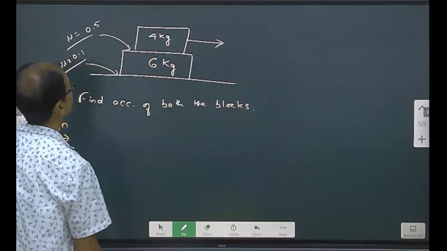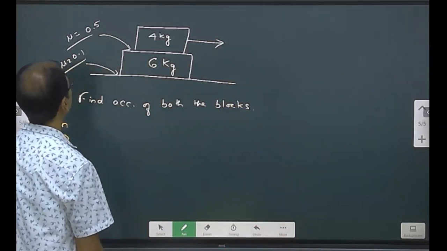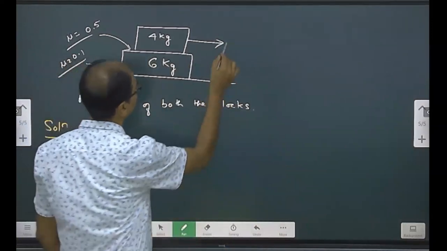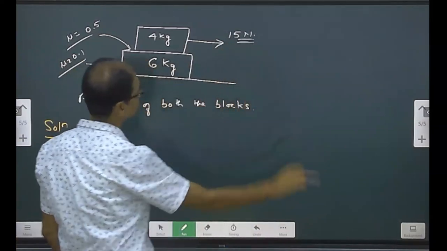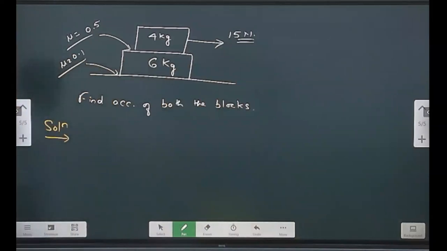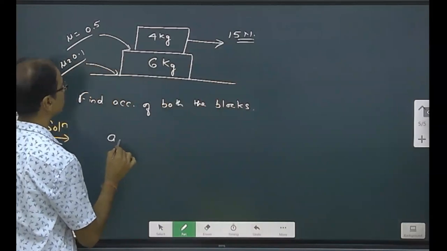So let's increase its value a bit. What shall I do? 15. 15 is fine. Okay. Let's make 15. Now try. First calculate common acceleration. Tell me how much it is.